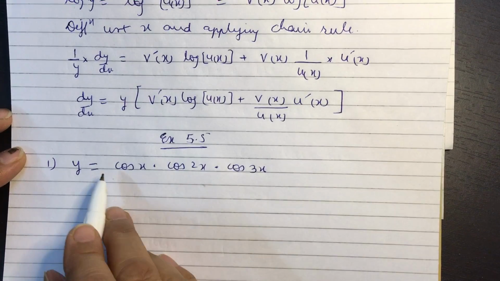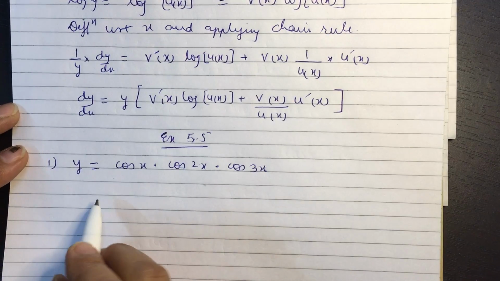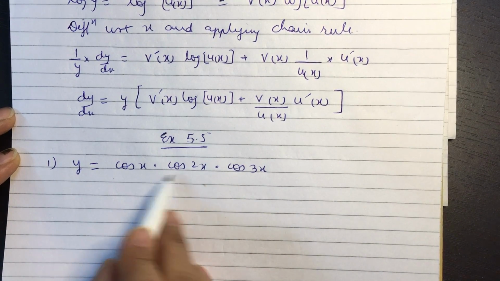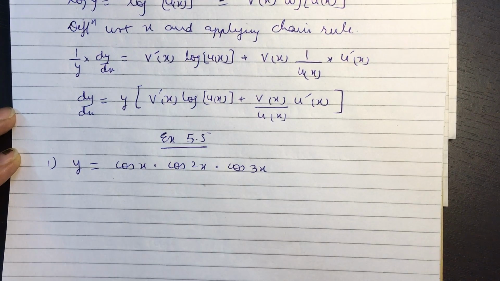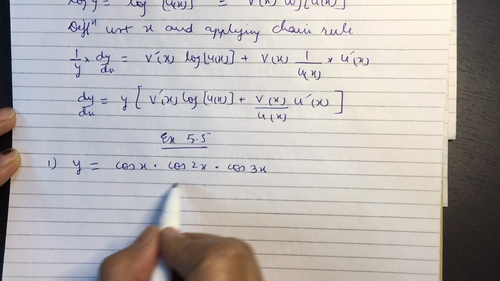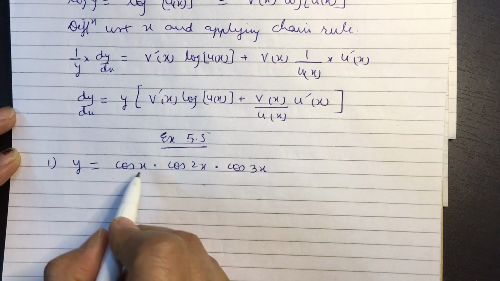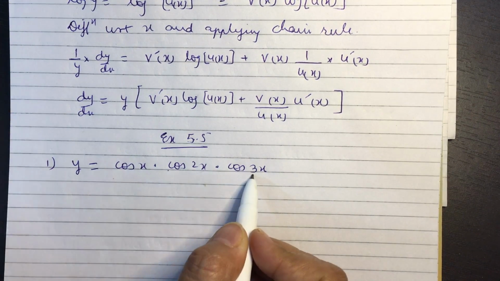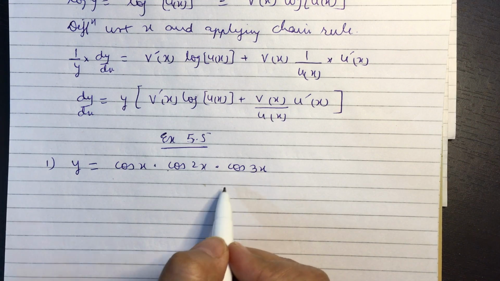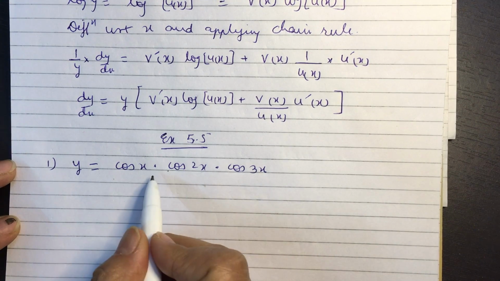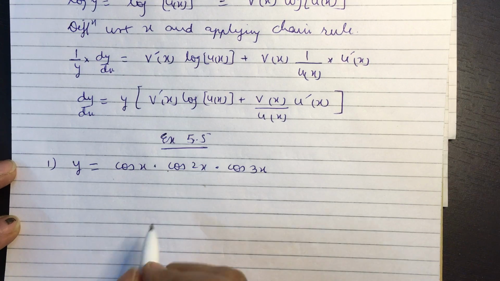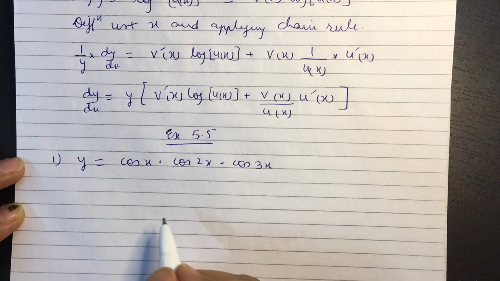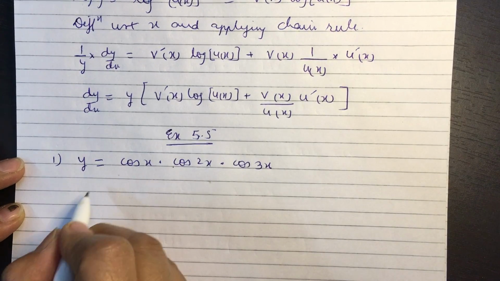Now if you directly multiply it, you will have to apply the product rule. Then again, the product rule is applicable only on two functions, so it becomes a very lengthy procedure: you first put two terms together as one, then the third one separately, and then apply the product rule, and so on. Whereas if you apply logarithmic differentiation, this can be done very easily.